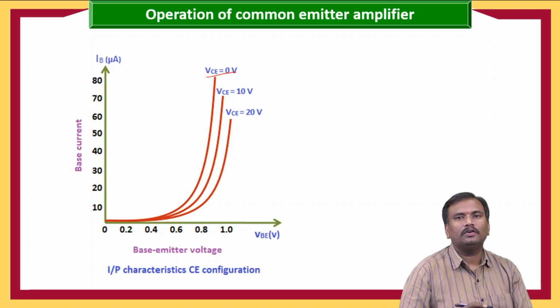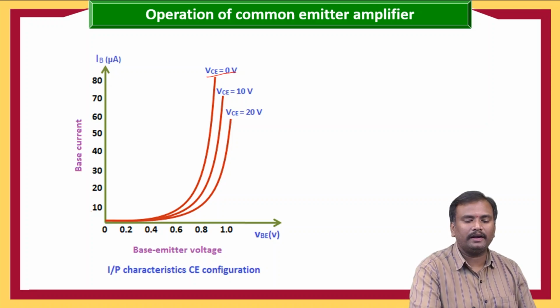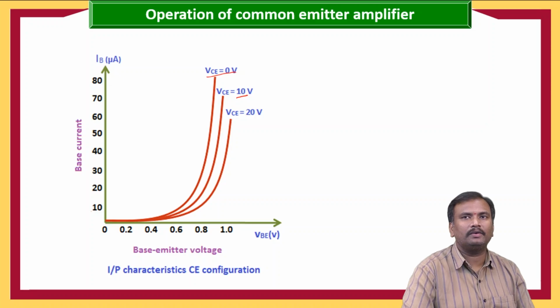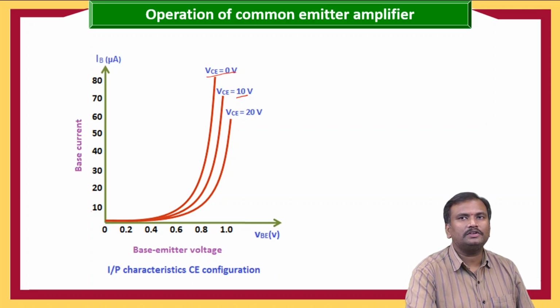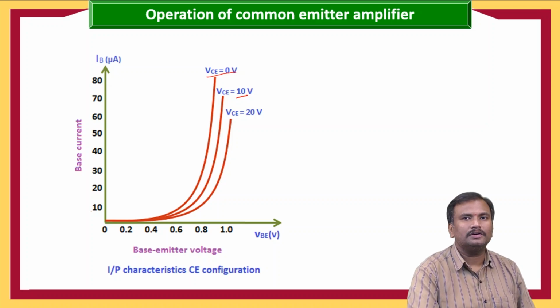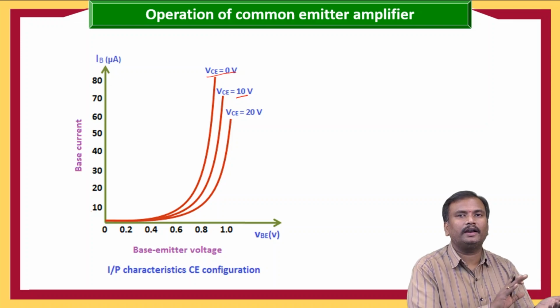After that, we keep the VCE value at some value other than 0. Here it is considered at 10 volts. At VCE of 10 volts, we again take the values for the input voltage change and the corresponding input current change.